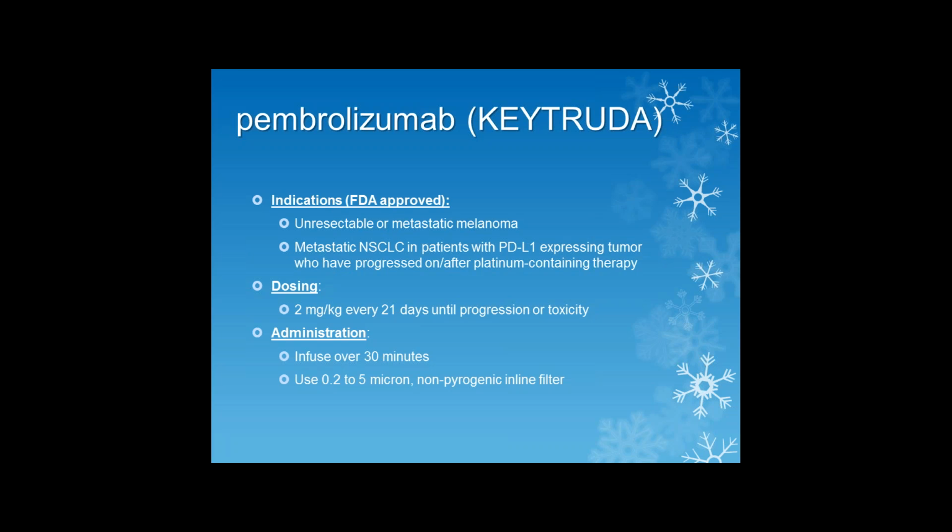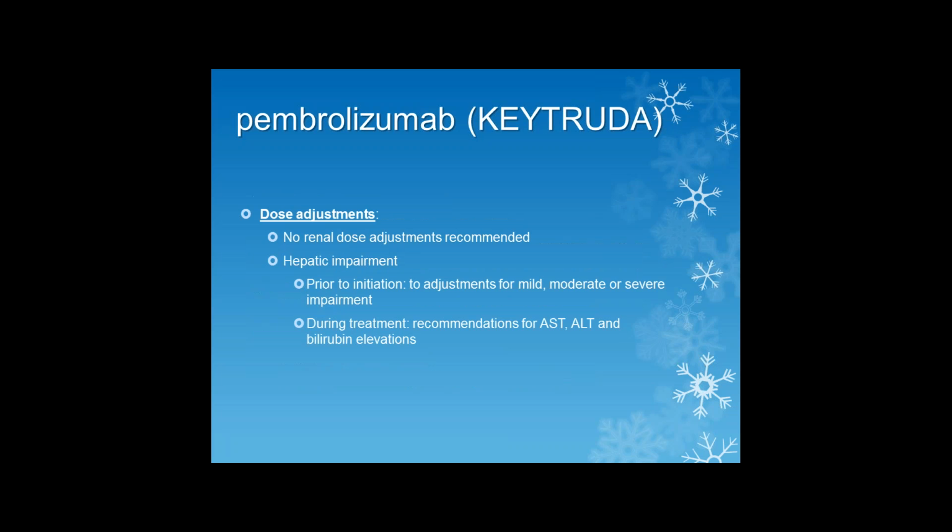Dosing for that is 2 mg per kg every 21 days. This is, again, infused over a half hour with a filter. No dose adjustments recommended for renal dysfunction. They do specify whether or not your patients have hepatic impairment: if it was pre-existing, they don't have specific recommendations, but if patients develop hepatic impairment while on the drug, then they do have recommendations for dose reductions.